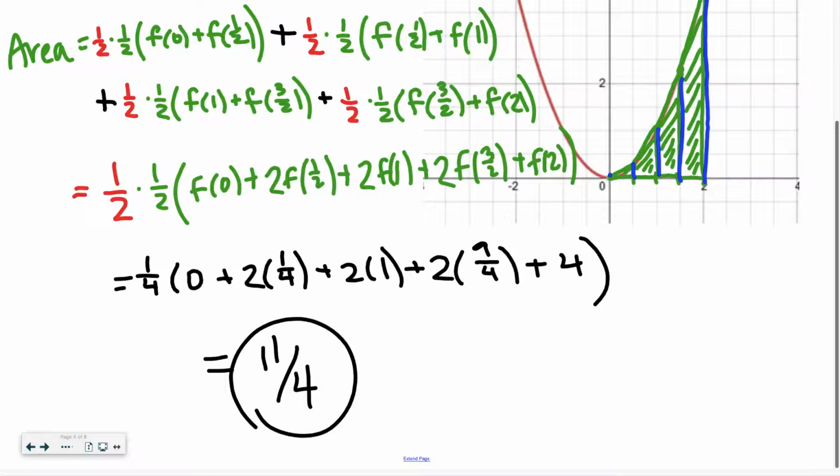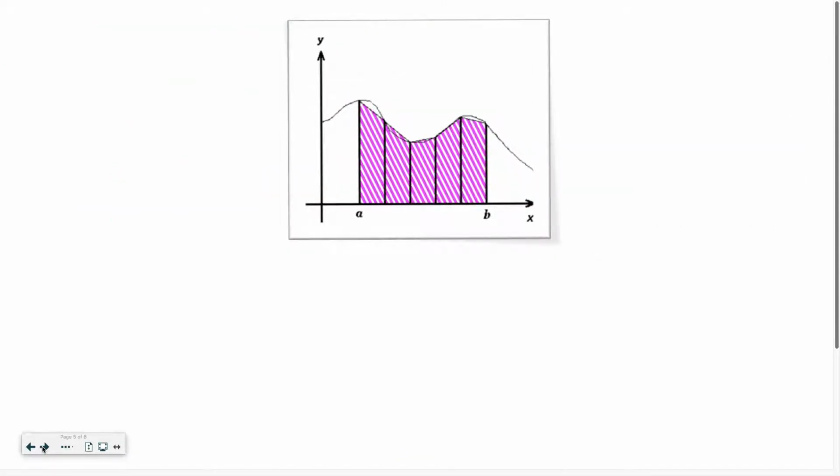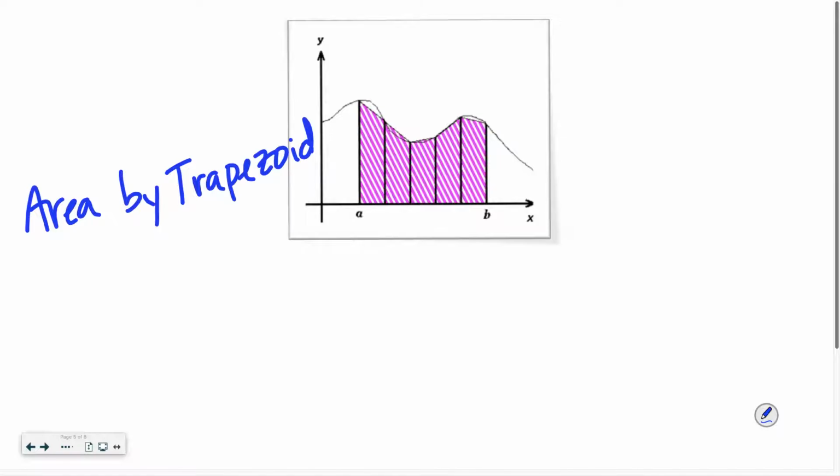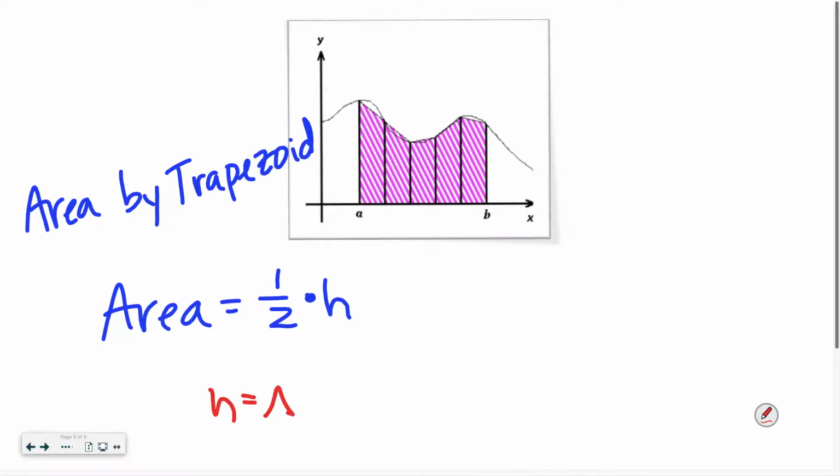Okay, so let's go ahead and generalize our formula. Our trapezoid, area by trapezoid. Our area is always going to be 1/2 times the height, right? Which we decided was what? Well, we'll write it as height, where height is delta x, right?